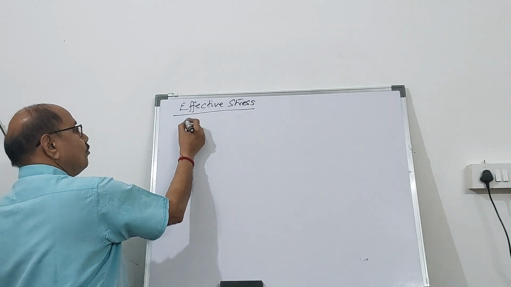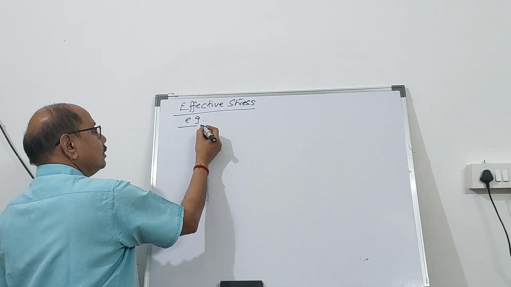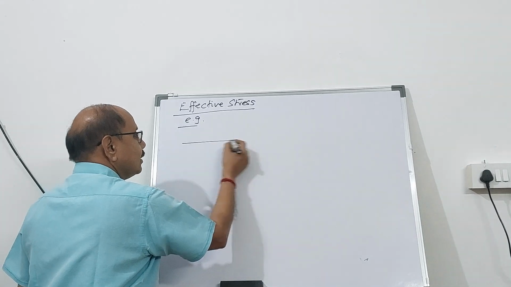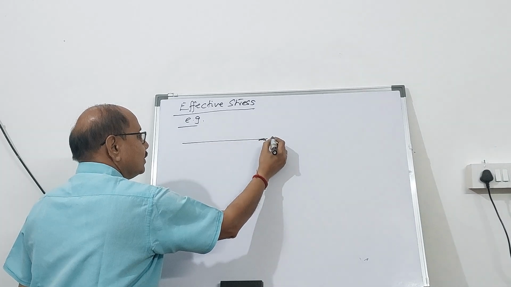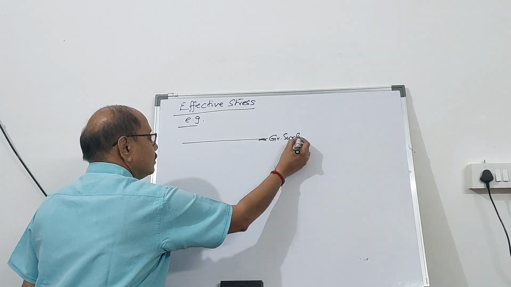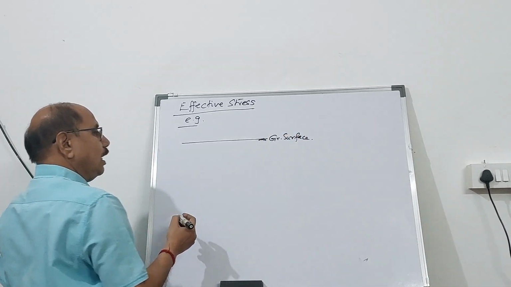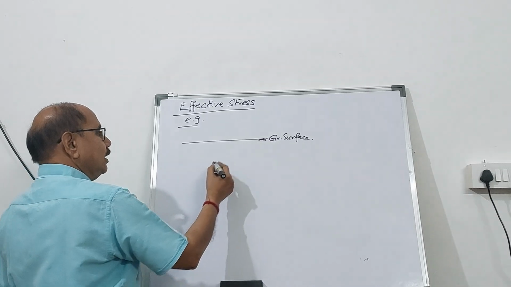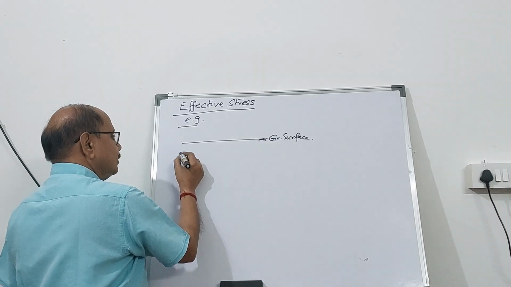I will take one example. For example, let's take a ground surface. So this is the ground surface. And let's say this is fully saturated.